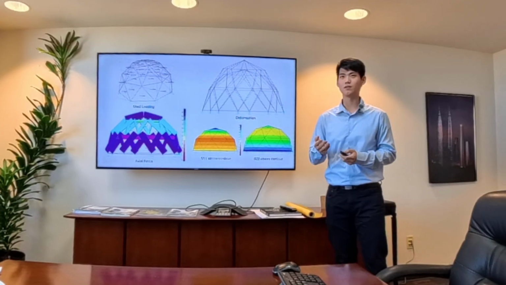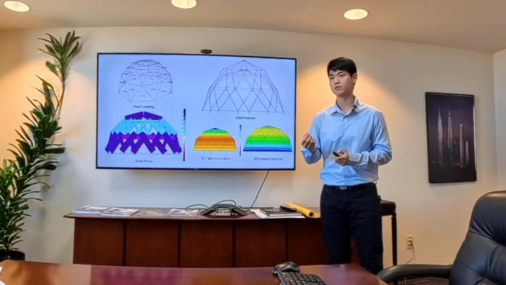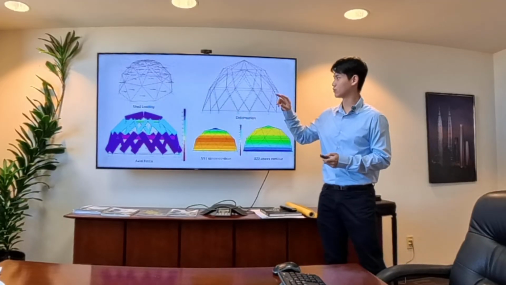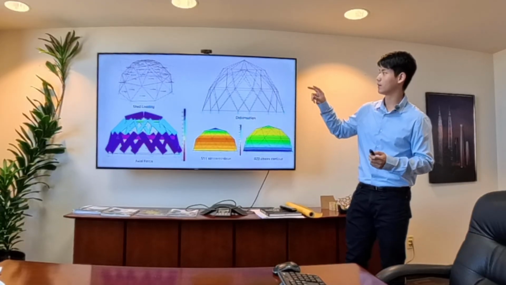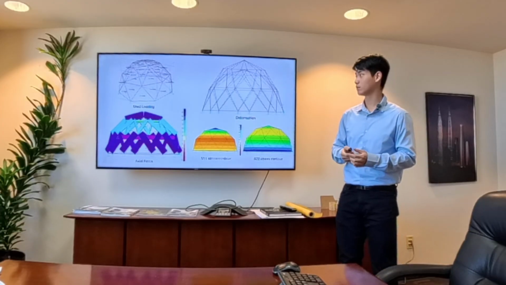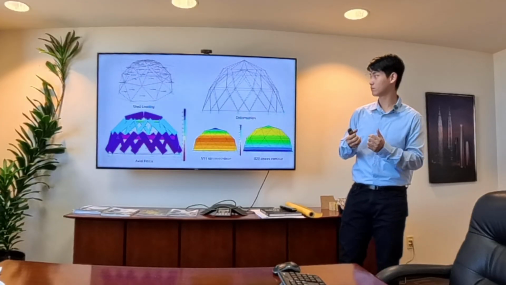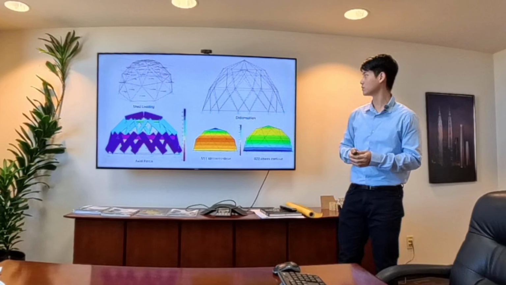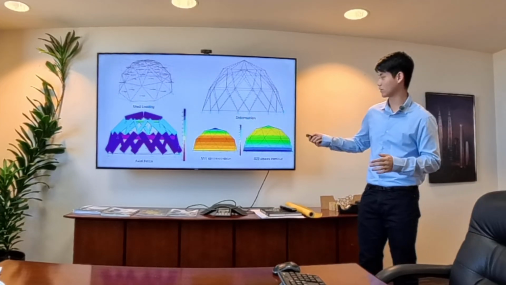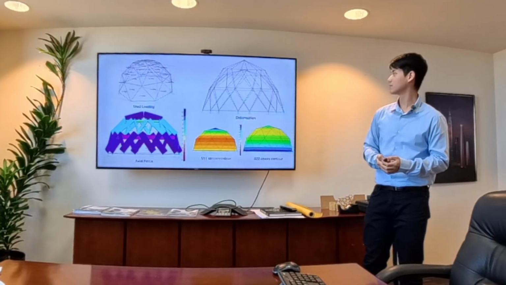NASA suggests, I think, 0.7 atmospheres of pressure within for safety. And I put shell elements across every triangle and assigned 0.0102 kips per square inch loading on each of the shell elements to simulate the expansive force. And you can see the deformation and a lot of the axial forces and stresses occurring across the members.